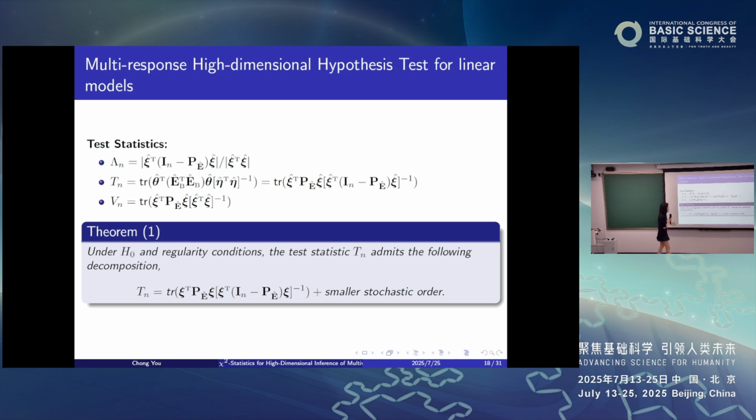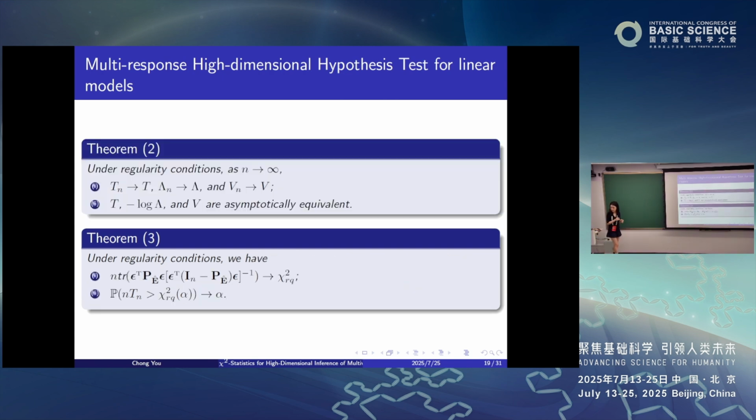So basically, when the sample size is large enough, of course P will grow with the sample size n, and the condition here is log P divided by n goes to 0. So we still allow P to be much larger than n. With those regularity conditions, it can be decomposed into the ground truth one plus a smaller stochastic order.